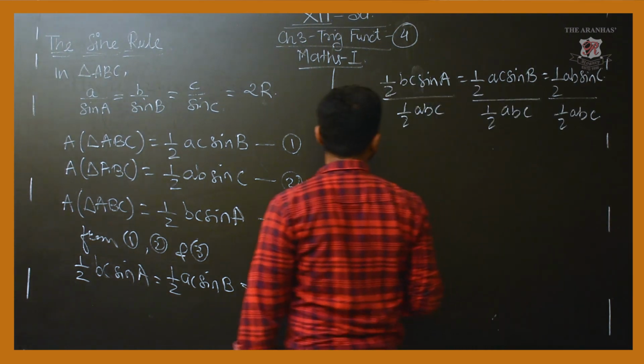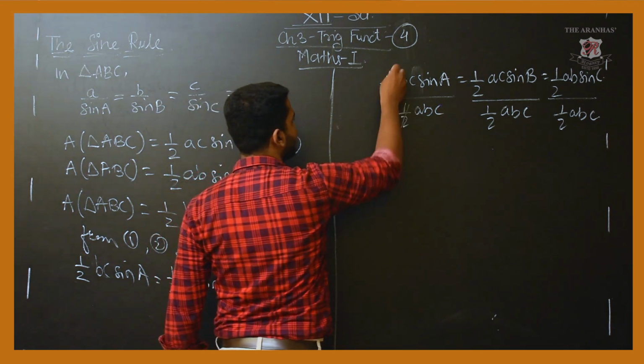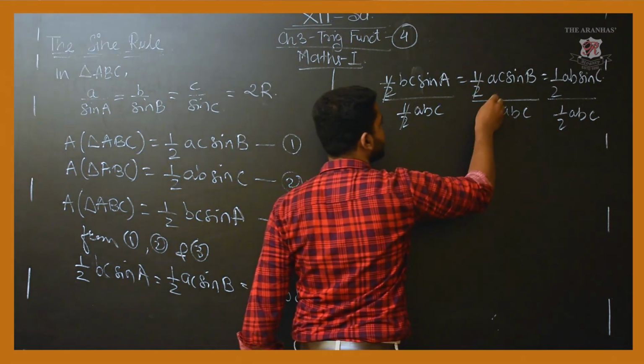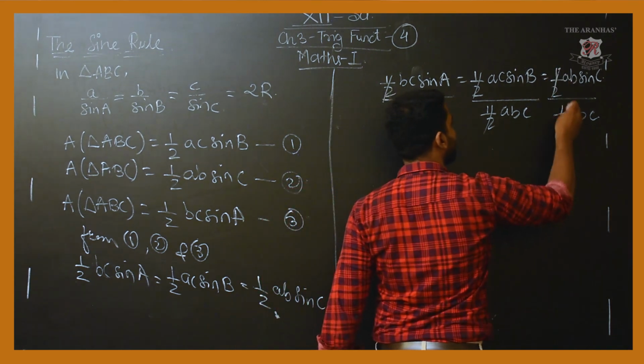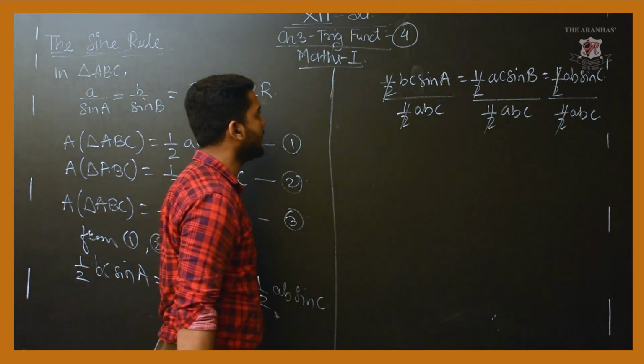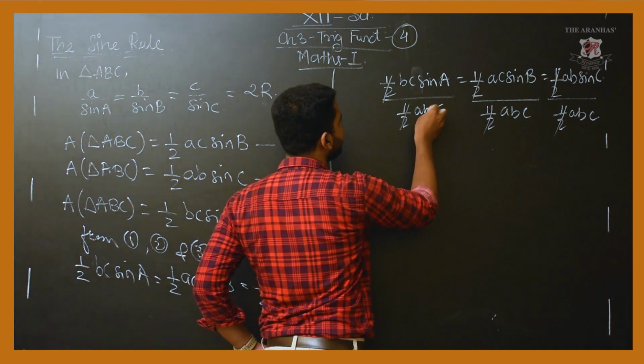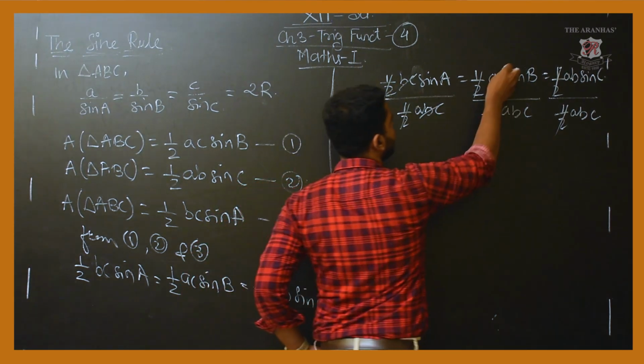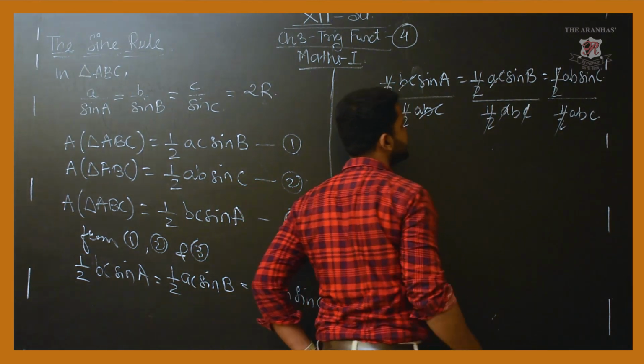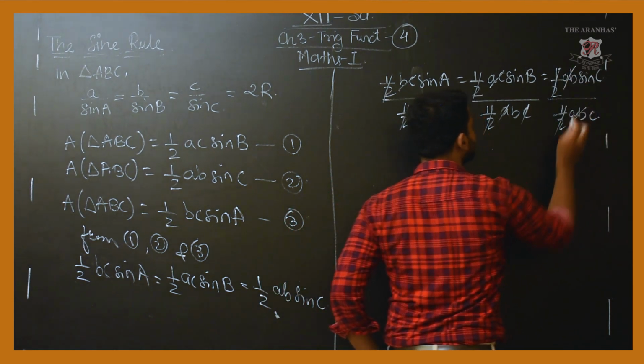Right? So what will happen? This half will get cancelled. This half will get cancelled. This half and this half will also get cancelled. Now, bc will get cancelled with bc, ac will get cancelled with ac, and ab will get cancelled with ab.